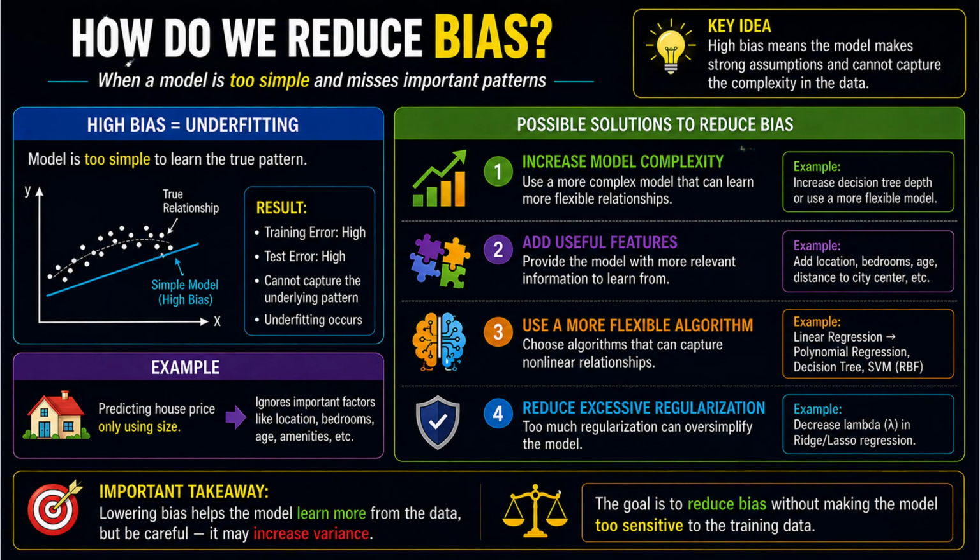For example, in the housing price problem, you can add location, bedrooms, age, distance to city center, etc. Use a more flexible algorithm that can capture nonlinear relationships, like polynomial regression, decision tree, SVM, and so on.